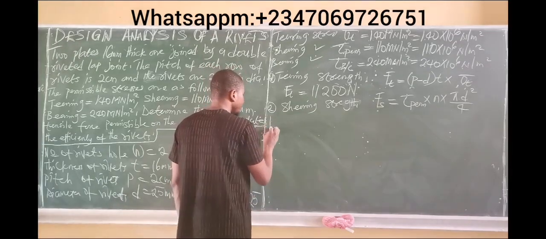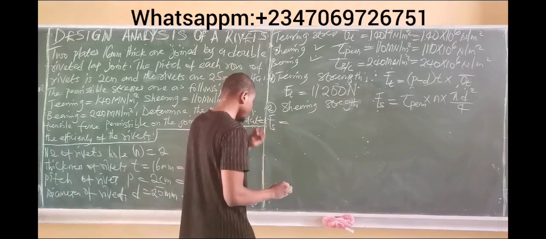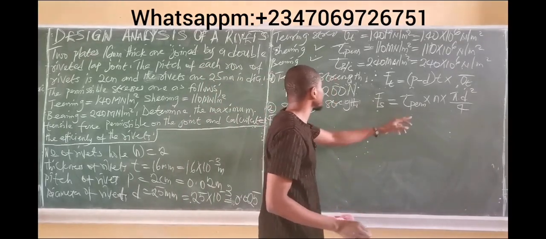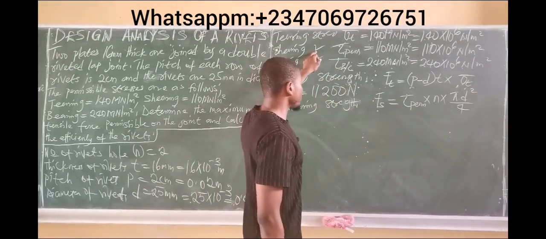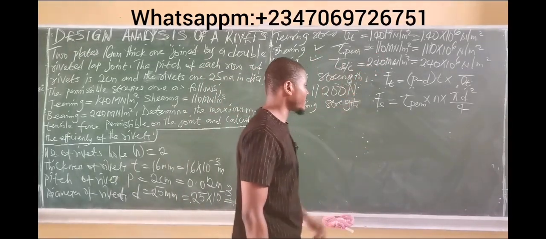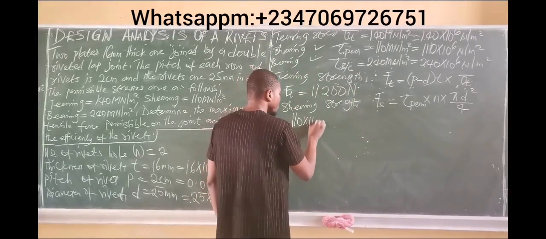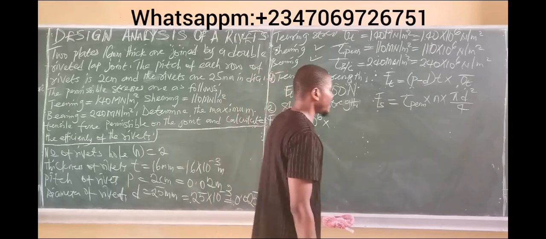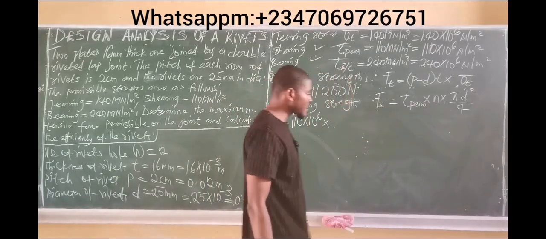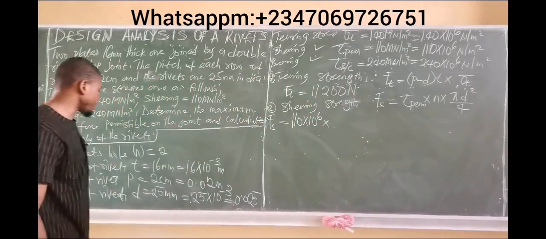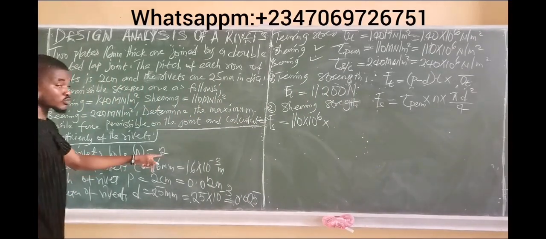All right, so the shearing strength, Fs, is simply given as, so we said permissible shear stress, and the shearing stress was given in the question as 110 meganewtons per meter squared. So you have 110 by 10 to the power of 6 multiplied by n. N stands for the number of rivets. So if you look through the parameters, number of rivets hole is equal to 2.